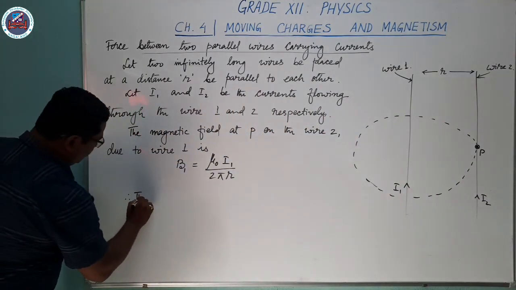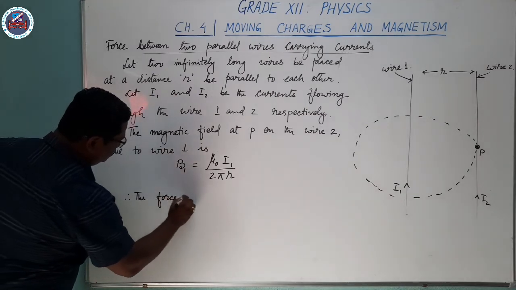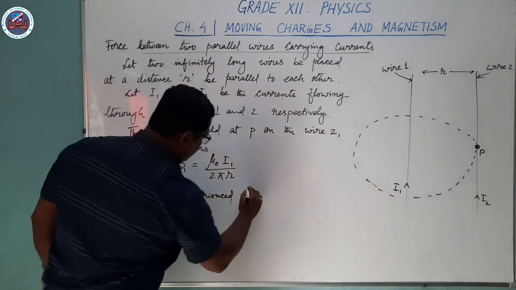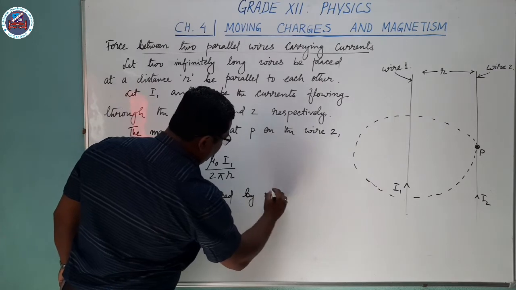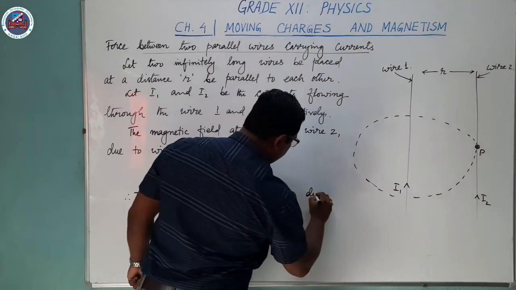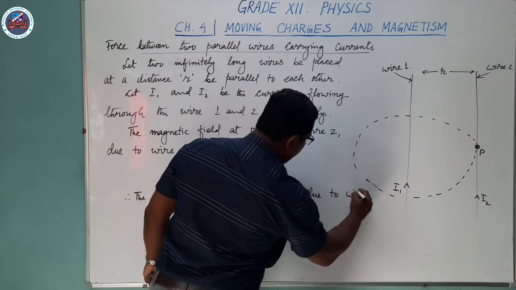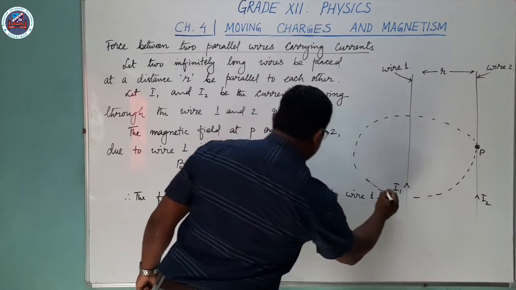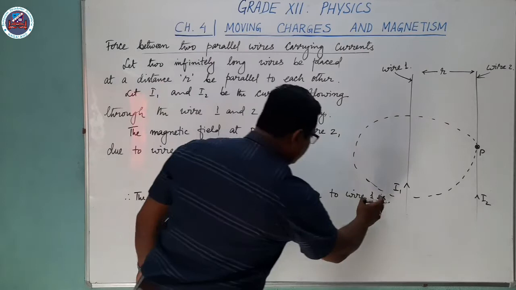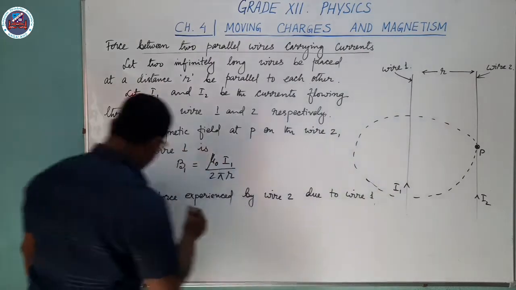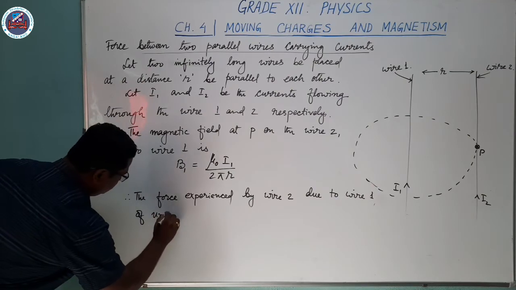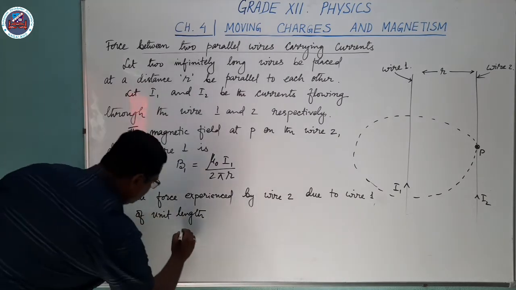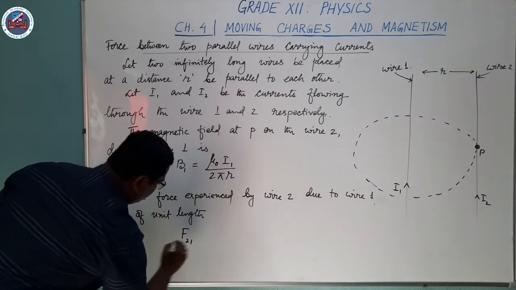Therefore, the force experienced by wire 2 due to wire 1, we'll take of unit length, is your expression for force. This is the force experienced by the second wire due to the first wire.